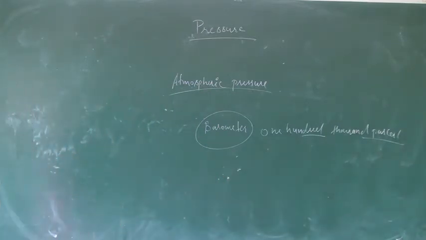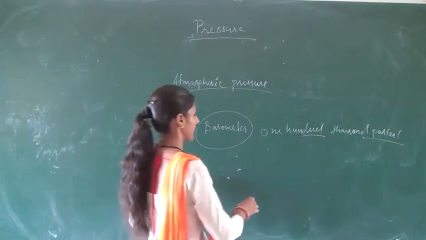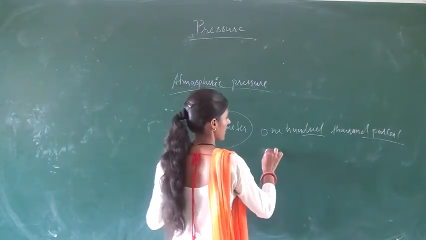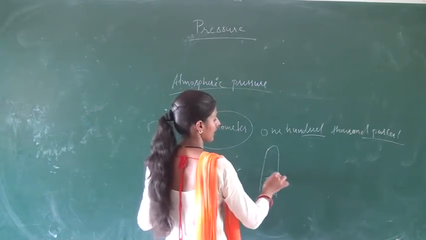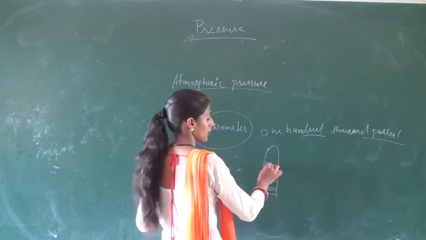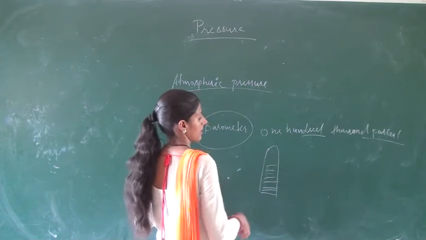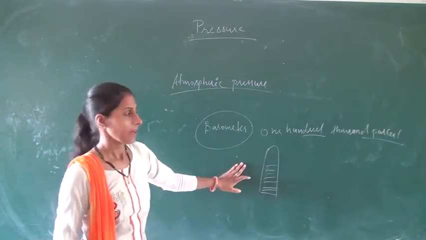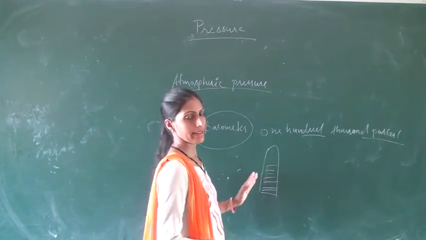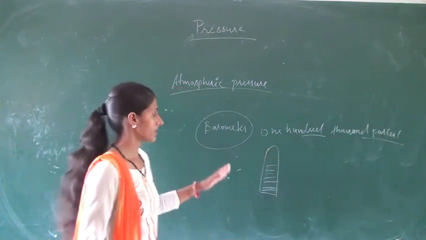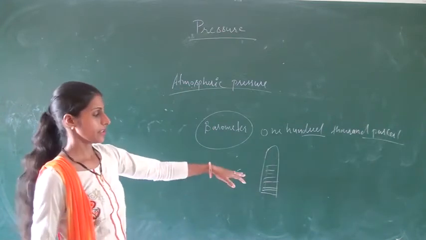Okay, so the pressure is measured by the height of the mercury column. Suppose this is a glass tube containing mercury; the height of the mercury column tells about the atmospheric pressure. This height increases or decreases in the barometer glass tube.